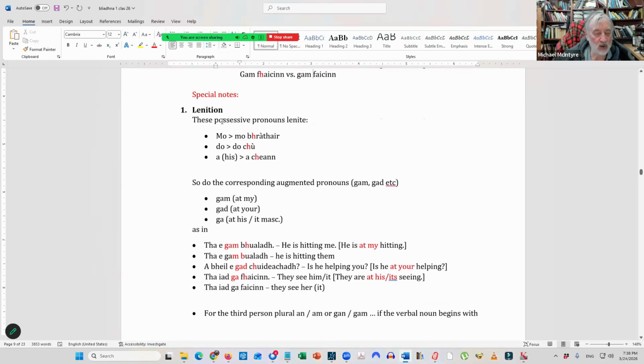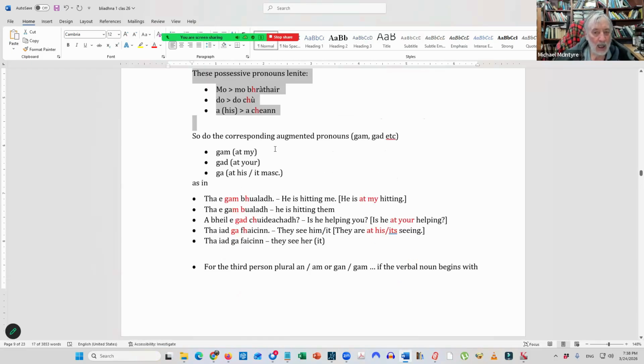So special notes, and here we have a little reminder of the special notes of the possessive pronouns leniting: do, mo, movraher, do, dochu, his, account. And the corresponding augmented pronouns, at my, at your, at his, lenite.